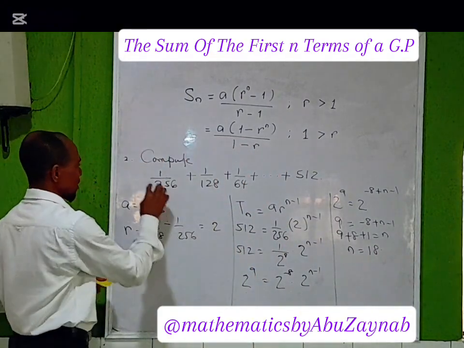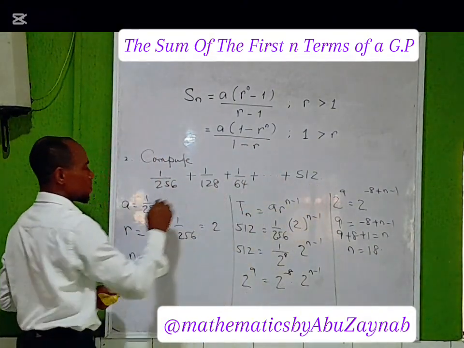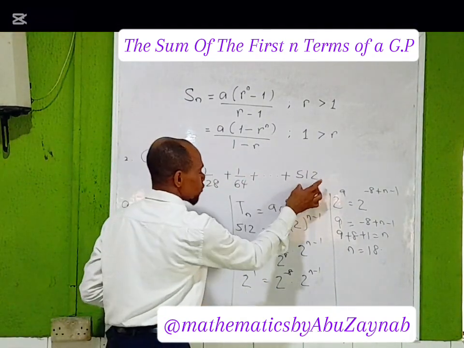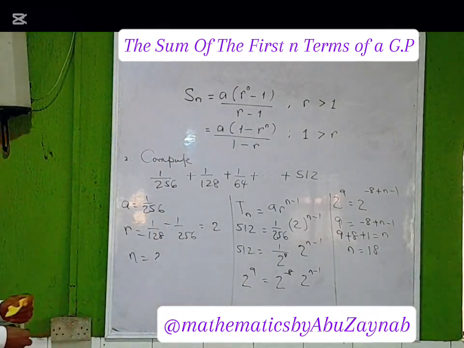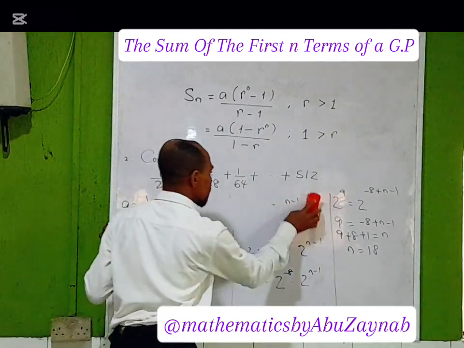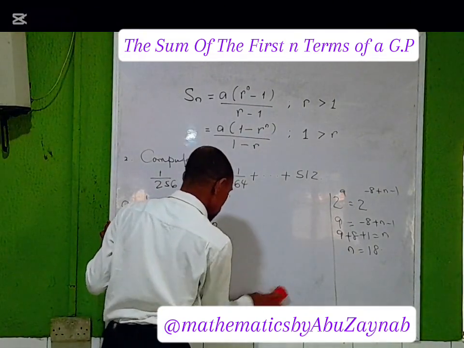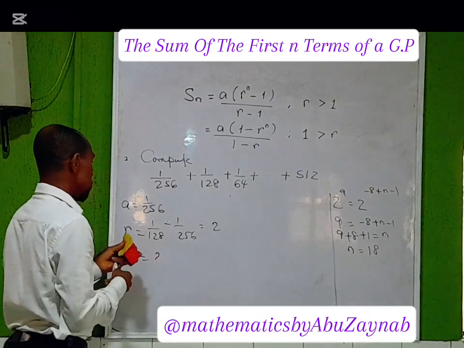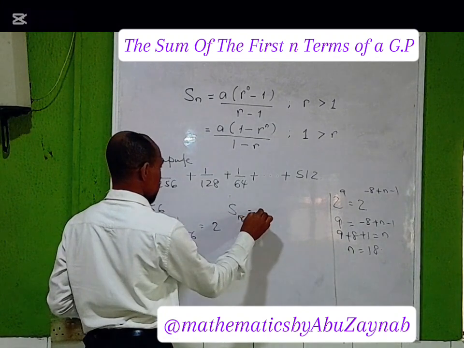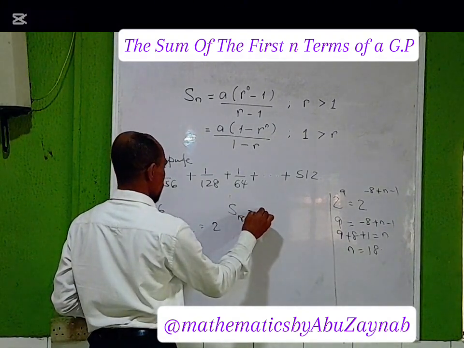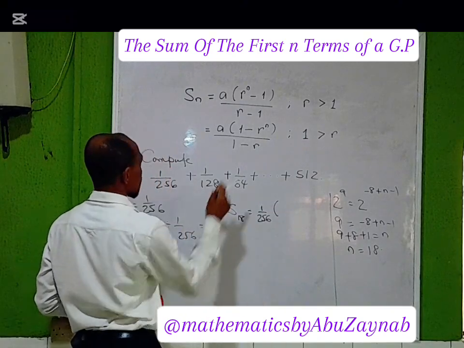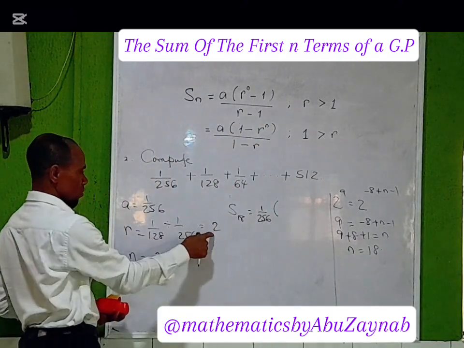In other words, the entire number of terms in this GP, starting from 1 over 256 and ending with 512, is 18 terms in all. After having said that, we can now safely use n as 18 to compute the sum of the entire GP. We stated that S18 is A, which is 1 over 256, times R to the power of 18 minus 1, over R minus 1, because it's the first formula where R is more than 1.